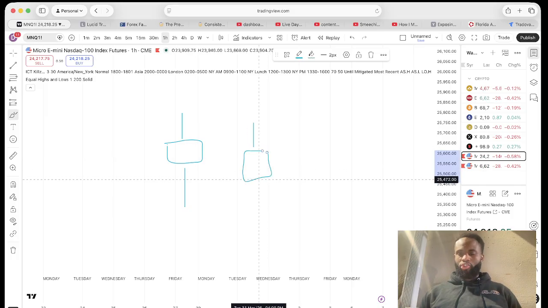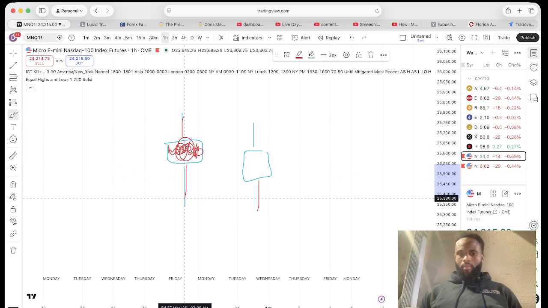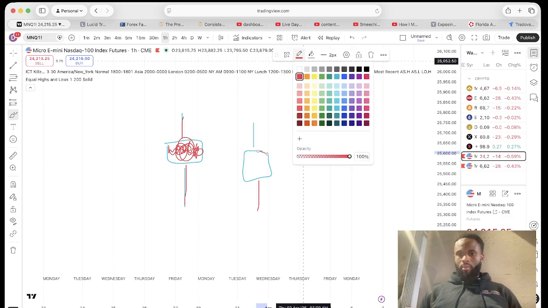As we can see on the charts, one candlestick might be red and one candlestick might be green.